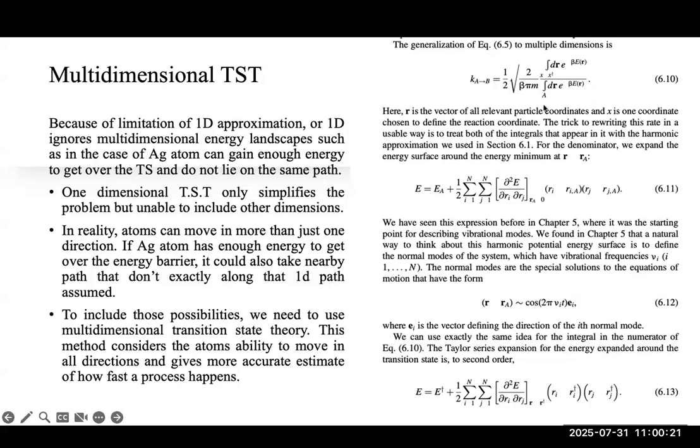You can see this equation. This is almost similar to the one-dimensional one. The main change is we take into account the directions here, and directions are referred to by the vector r. This includes the direction as well as the magnitude.